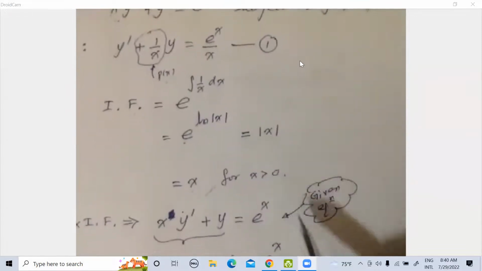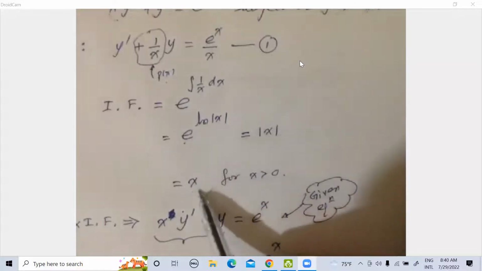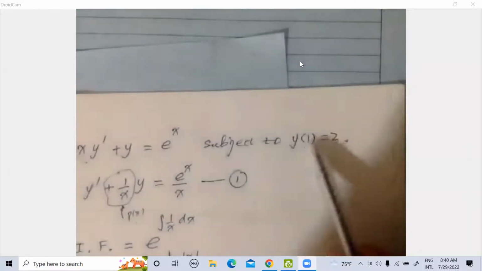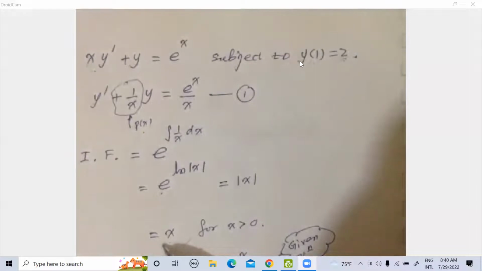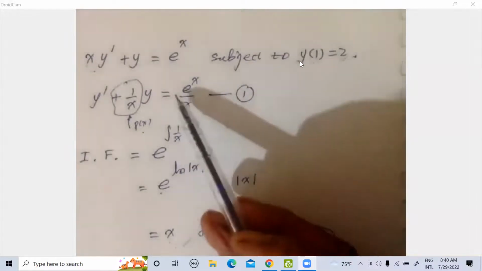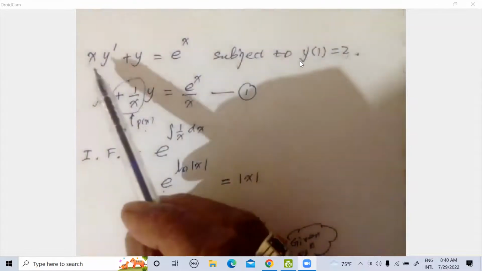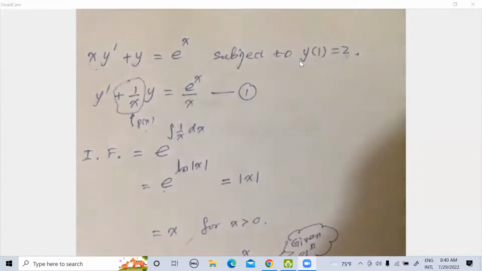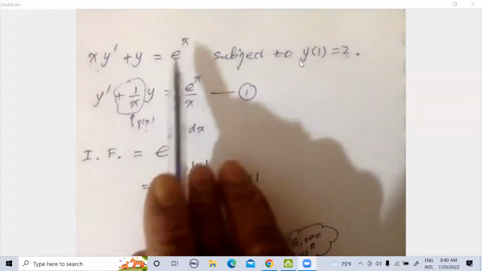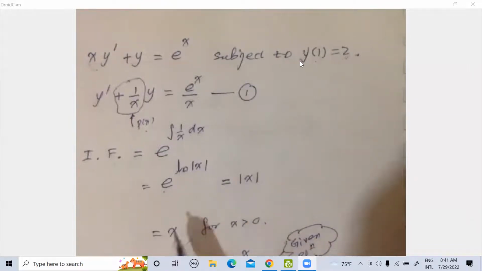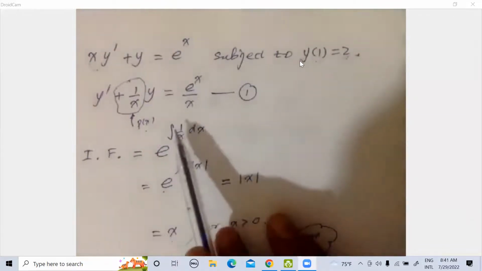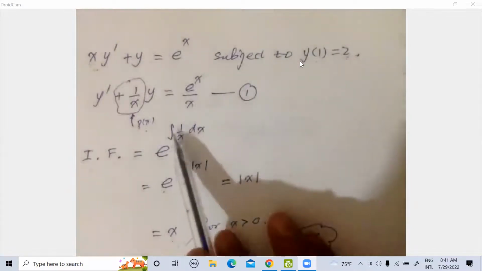So we pick the absolute value. Suppose this was given to be y minus 1 equals something, then we would have to take minus x. But it doesn't matter, because whether it is plus x or minus x, when you multiply all throughout, if minus is there, minus is there, minus is there. So after you get this one, it's okay to consider only one. But I don't want to make the mistake of writing this as ln x. It's always ln absolute x.